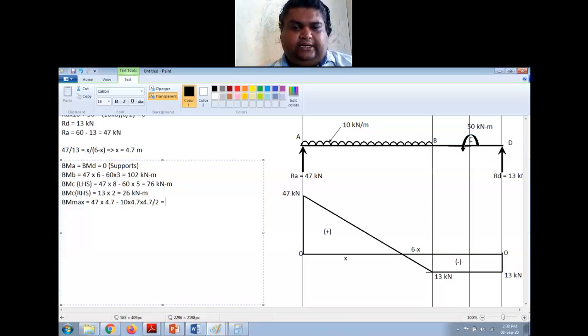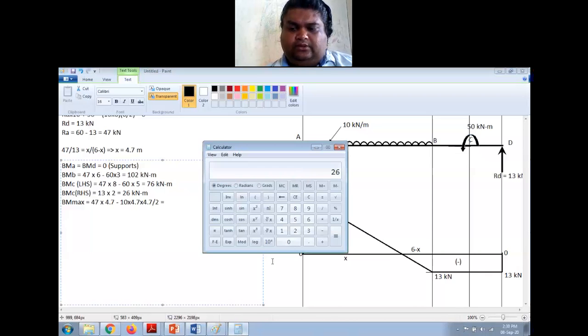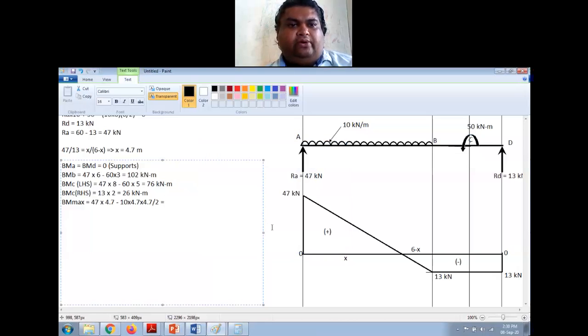So let us calculate this. 47 into 4.7 minus 10 into 4.7 square by 2. So this is 110.45 kilonewton meter. That is the maximum bending moment.